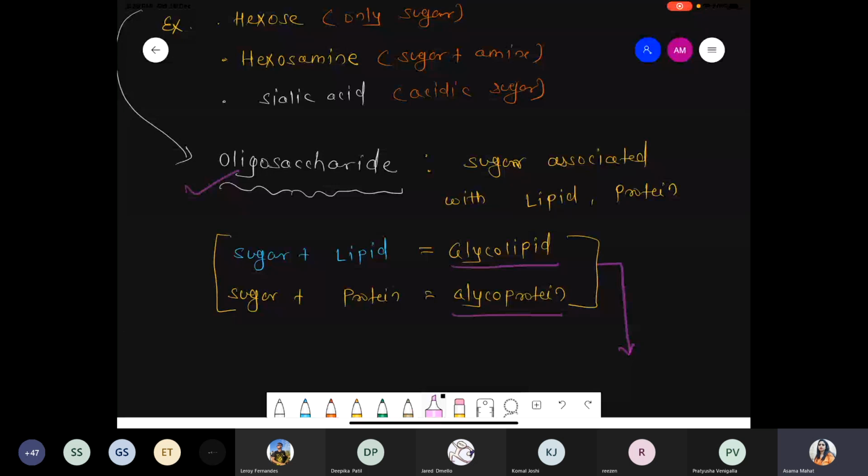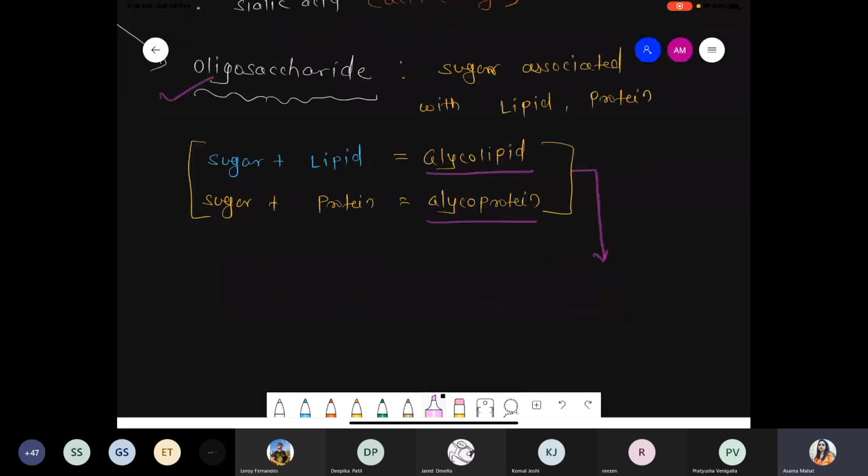First it recognizes and checks, is this my host, should I go inside or not. After that it starts multiplication, because viruses are host specific. So the oligosaccharide, glycoprotein or glycolipid is a very important step.